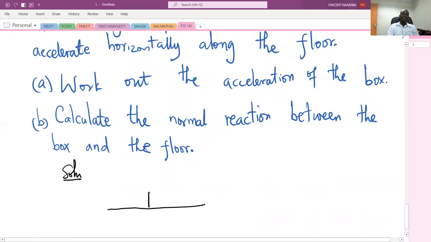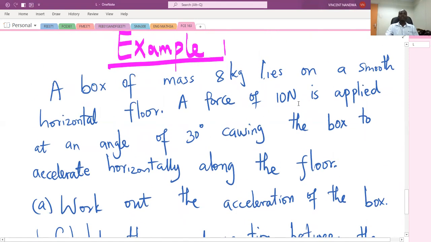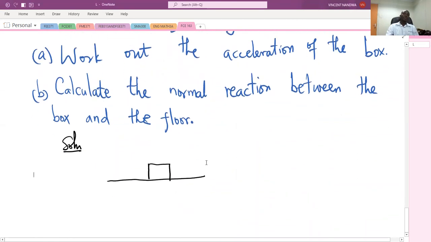So if you assume that this is the box, then you have been told that there's a force of 10 newtons applied at an angle of 30 degrees, causing the box to accelerate horizontally. We can either draw that angle at the top, or we can draw it here. So this is a force of 10 newtons, and this angle is 30 degrees.